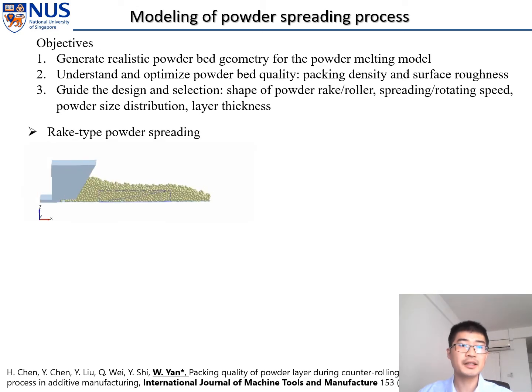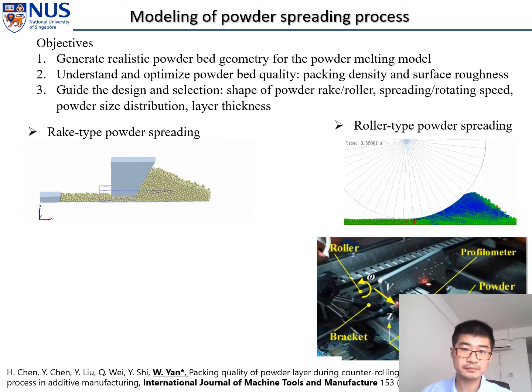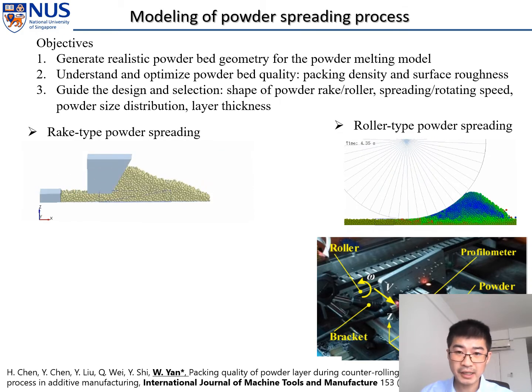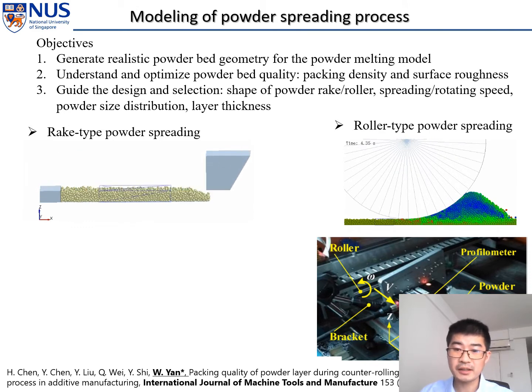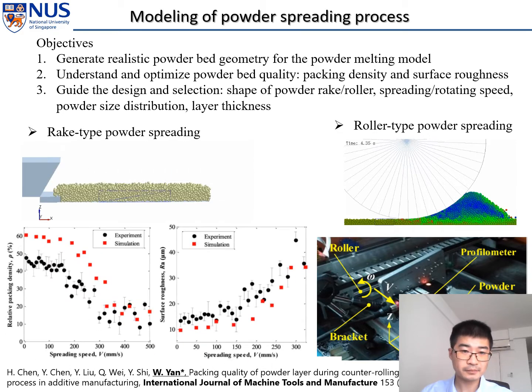Actually, we simulate the rig type powder spreading as well as the roller type powder spreading. This figure shows the experimental setup for roller type powder spreading. We have a profilometer to measure in situ the surface roughness of the powder bed.